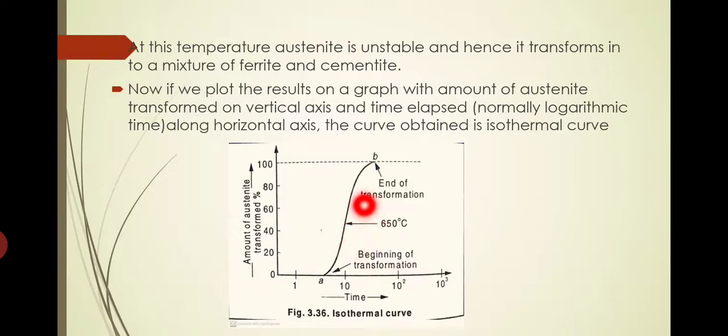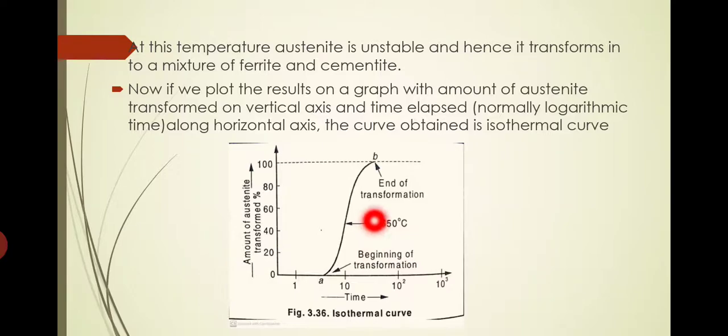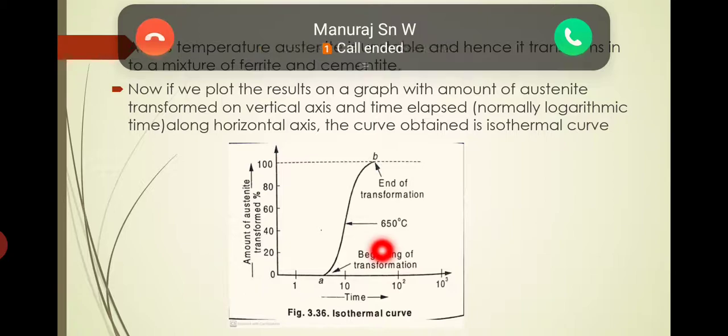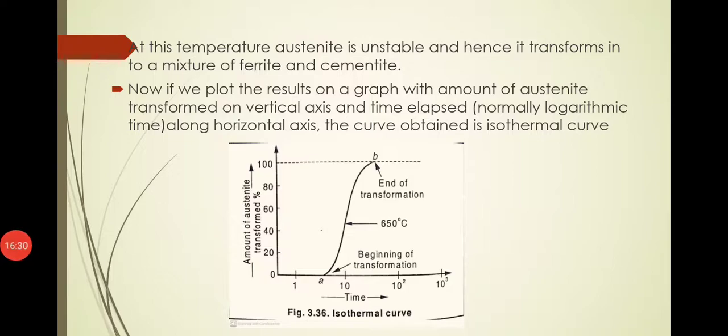Once the time reaches point B, complete transformation of the austenite into ferrite and cementite will have taken place. The process starts at point A and ends at point B. At point A we have complete austenite structure, and at point B we have complete ferrite plus cementite structure. There is no austenite present at point B.